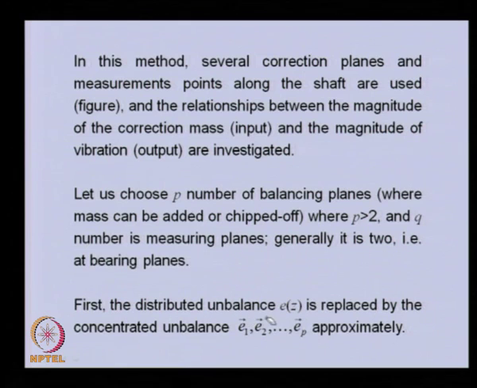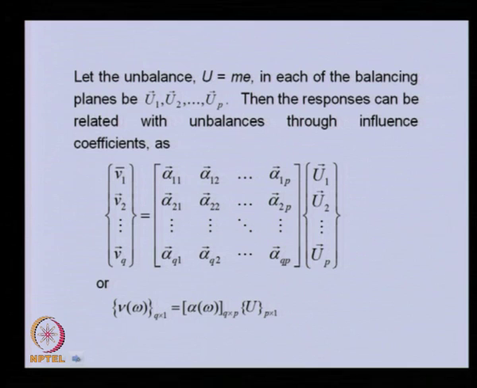So, basically these concentrated unbalances will be unknown to us, which we will find through this procedure which we are describing now. In this, we have the unbalance as we defined earlier, which is nothing but mass into eccentricity, and in these balancing planes, let us say U1, U2, up to UP, these are the unbalances which we want to find out.